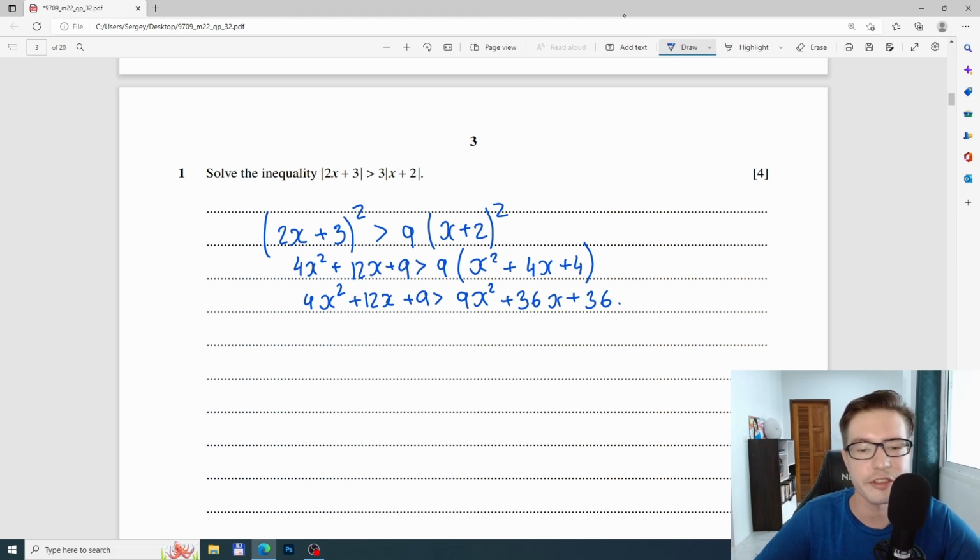And now I'm going to collect all the terms on the right side of the inequality. So I will get 5x squared plus 24x plus 27 less than 0.